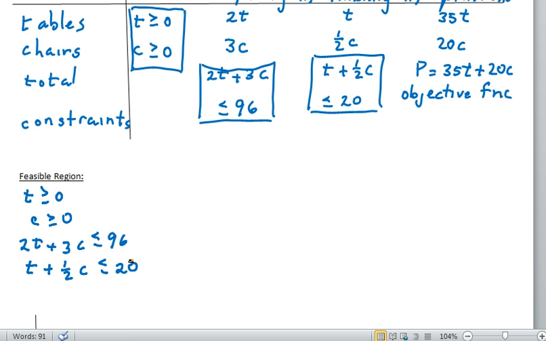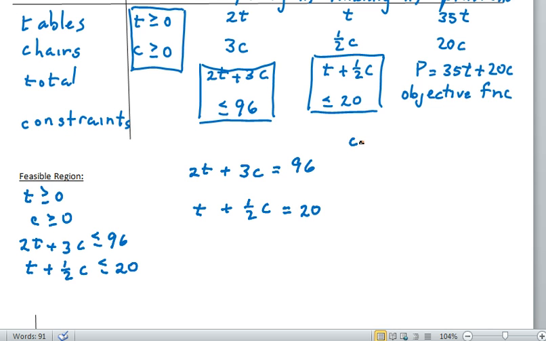In order to graph that region, we first of all focus on the two lines, 2T plus 3C equals 96 and T plus 1/2 C equals 20.